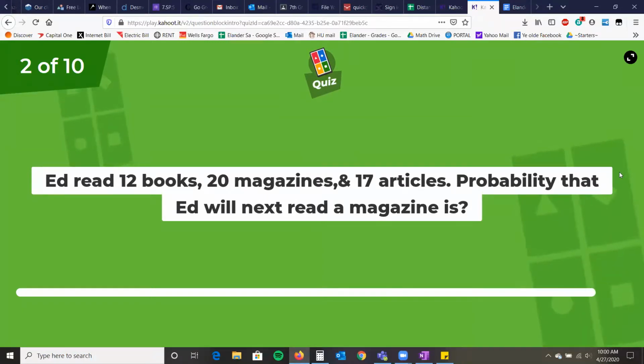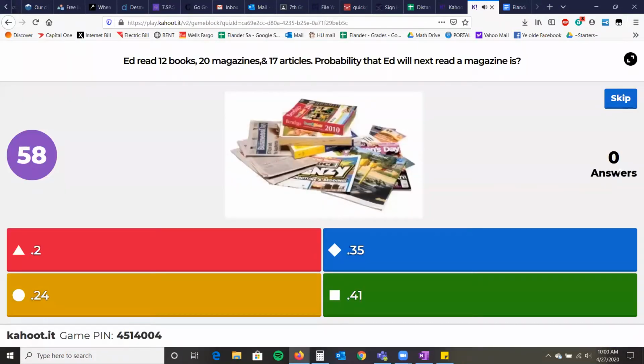All right, Ed read 12 books, 20 magazines, and 17 articles. What is the probability that Ed will next read a magazine? So you'd want to get the number of magazines out of the number of things he read total, and that'll give you your percentage.